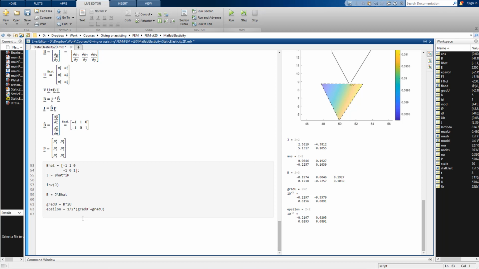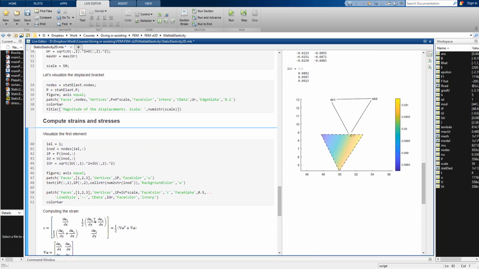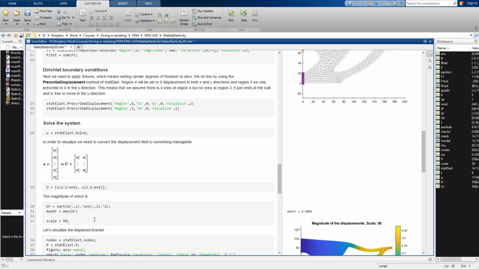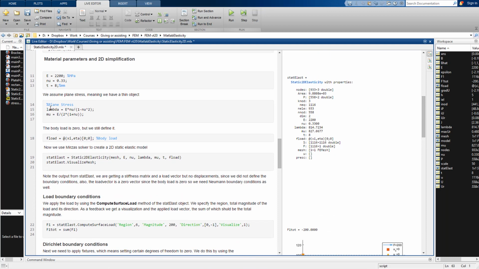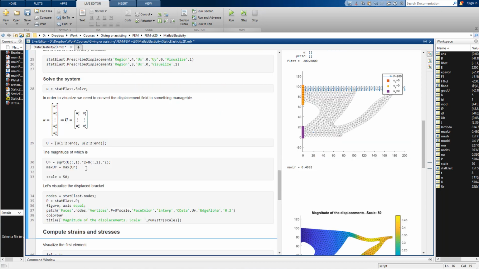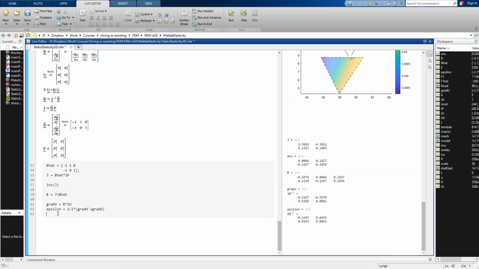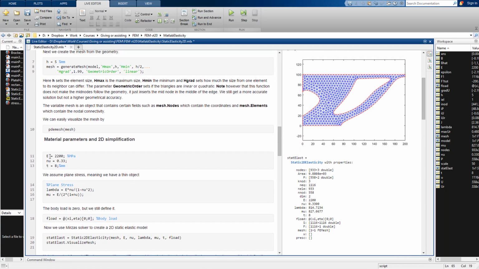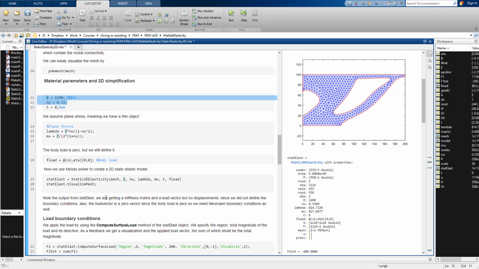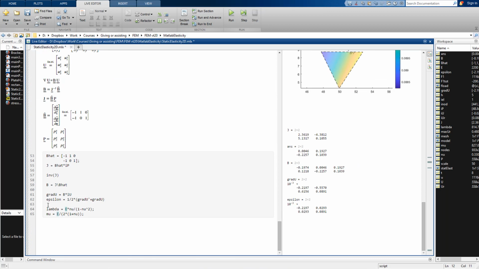Okay, so once we have this now, what can we do with it? We can compute the stress matrix by grabbing these Lamé parameters from here, because we're doing plane stress, and insert them here. And also let's grab the actual parameters, these two, and insert them here.